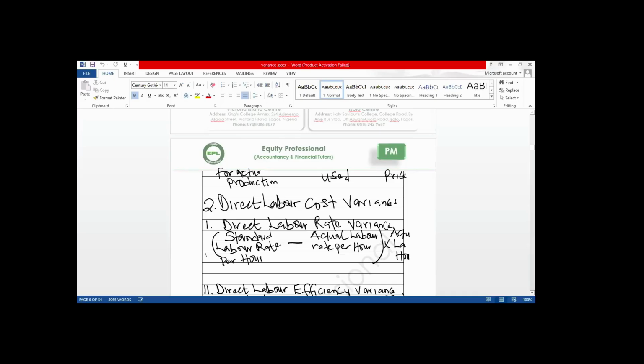We can divide direct labor cost variance into two. One, direct labor rate variance, where actual labor rate is different from standard labor rate.